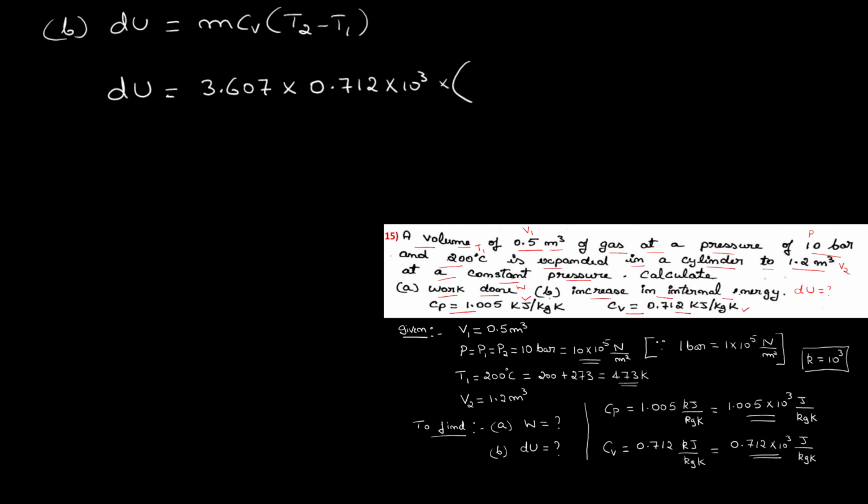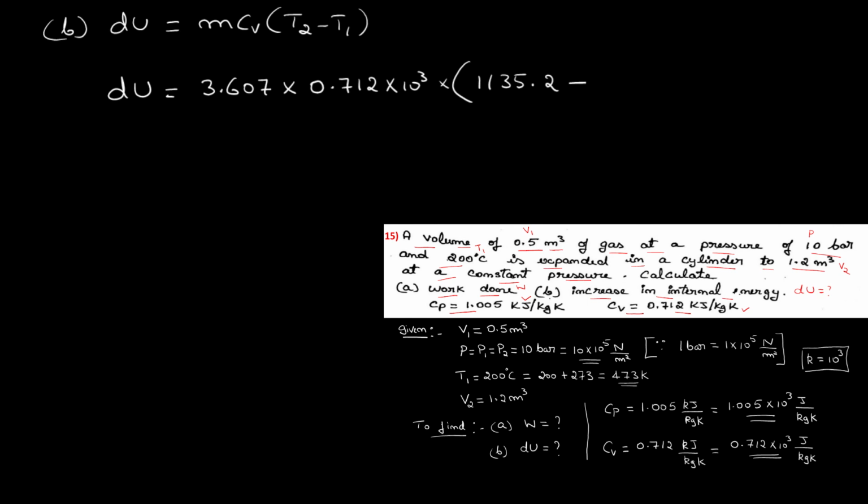dU equal to mCv into T2 minus T1. Let me substitute the values. dU is equal to mass of the gas, we got this as 3.607, multiplied by Cv. The value of Cv is 0.712 into 10 to the power of 3 joule per kg Kelvin, multiplied by T2 minus T1. T2 in terms of Kelvin is 1135.2 minus T1.